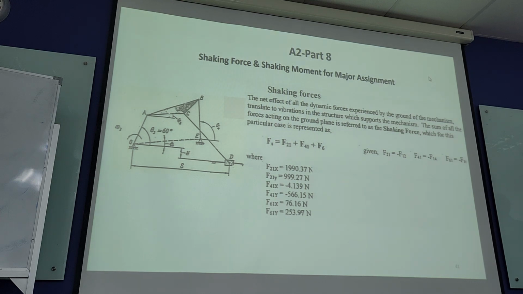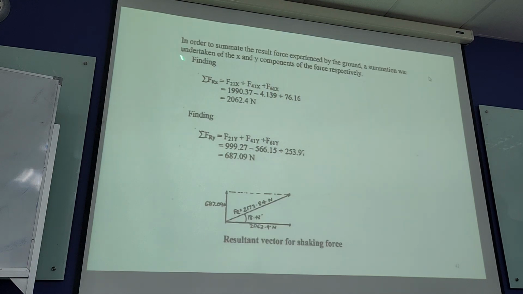Then calculate the resultant force along the x-axis and the resultant force along the y-axis. Then you will get the resultant force. So square of this plus square of this, so you also know the orientation of the resultant force.